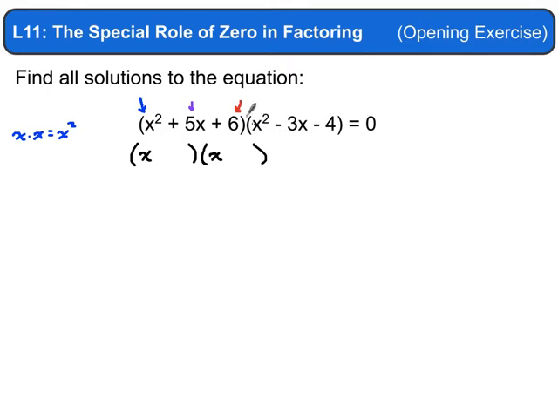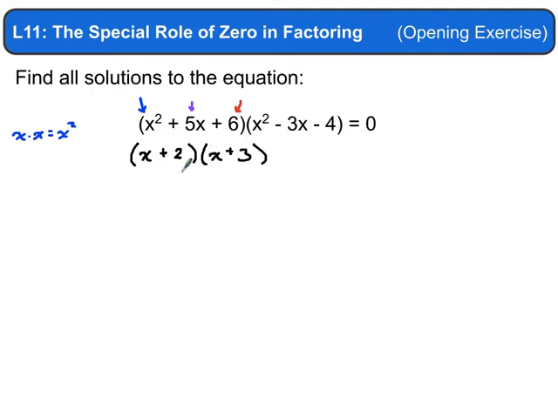If I think of something that multiplies to equal 6, let's say 2 times 3, well, it turns out that 2 plus 3 is also 5. So I can put a plus 2 here, and a plus 3 here. Now, how do I know for certain that this is going to give me 5x? You can do a little mental check.